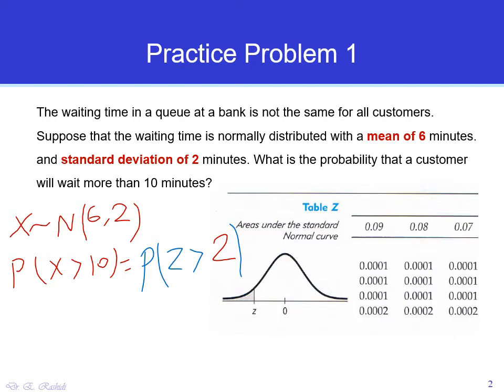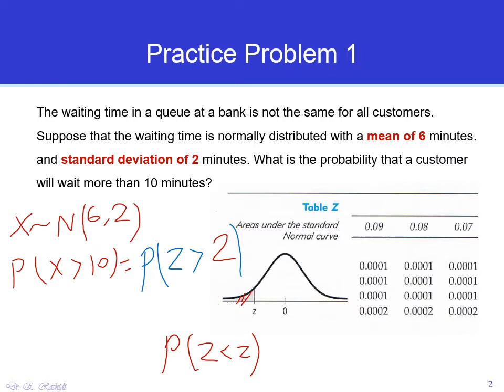Now, we are looking for z greater than 2. The table gives us the left side, this side here. So this is the probability that z is less than a small z value. This is the shaded area here that the table gives us.